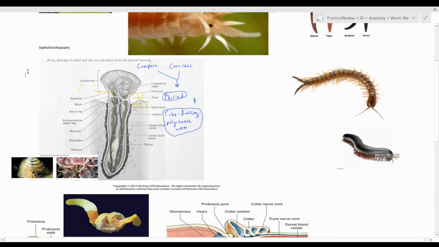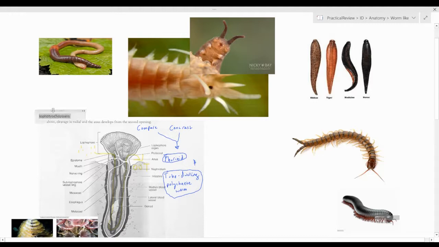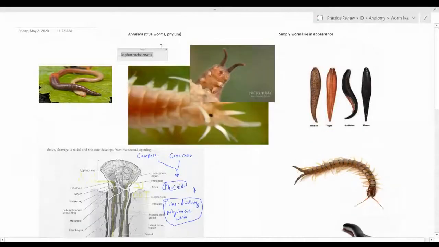So now you can also be asking yourself, for each of these, is this an annelid that I'm looking at? Is it a lophotrochozoan? Is it both?